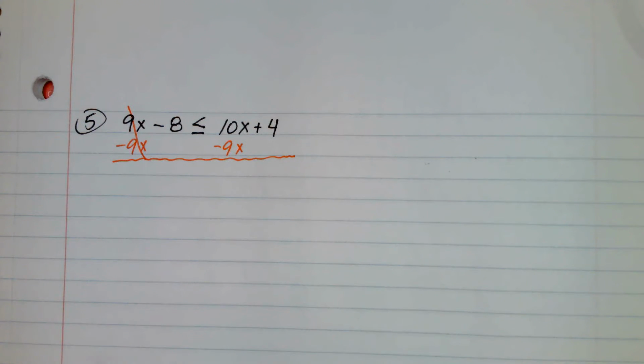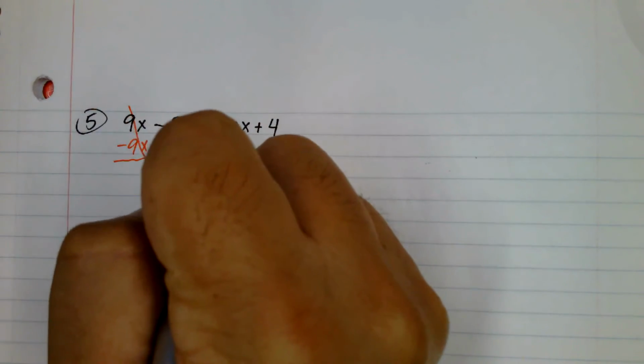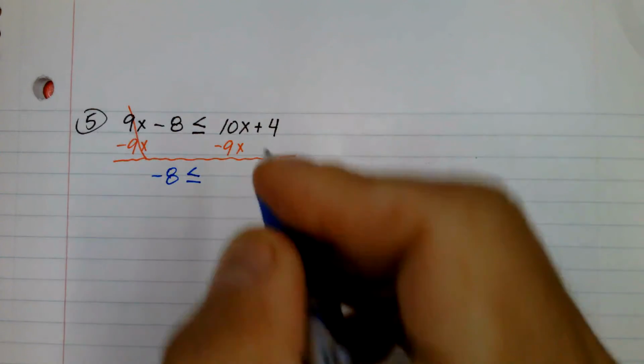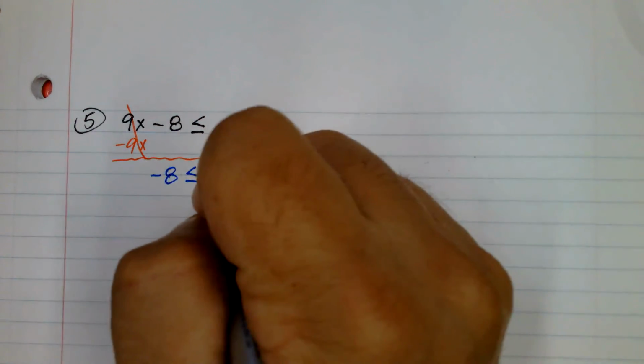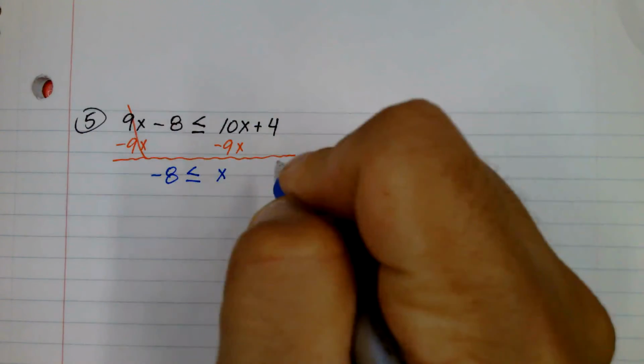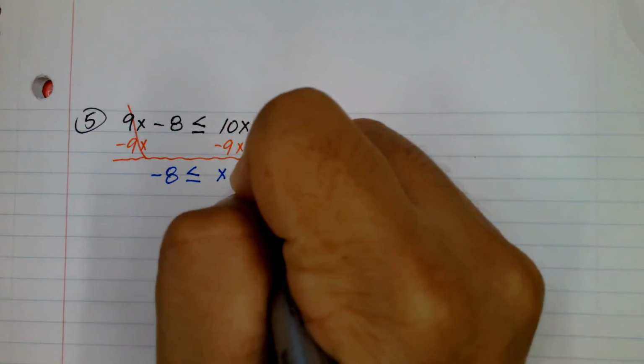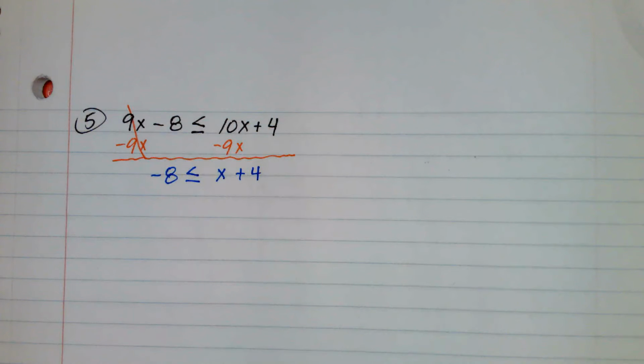Okay, so I'm going to bring down what I have left on the left side, which is negative 8, is less than or equal to 10 minus 9 is 1. 1x is just x plus 4. So this is what I get. Negative 8 is less than or equal to x plus 4.